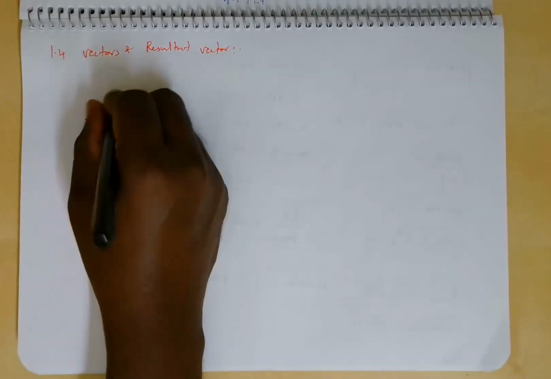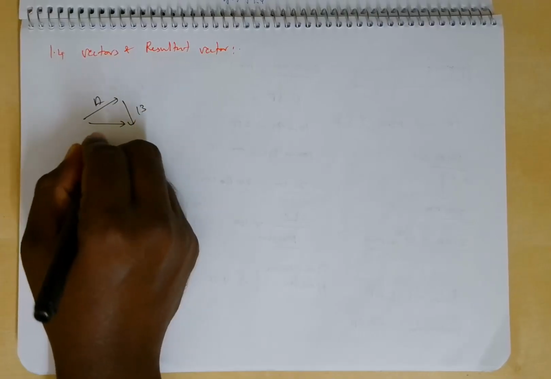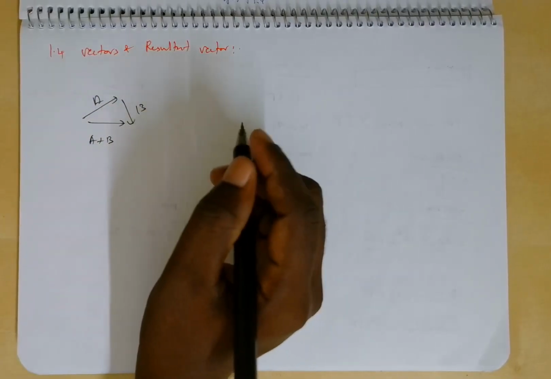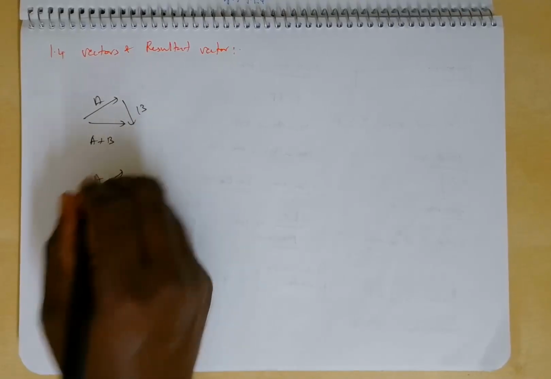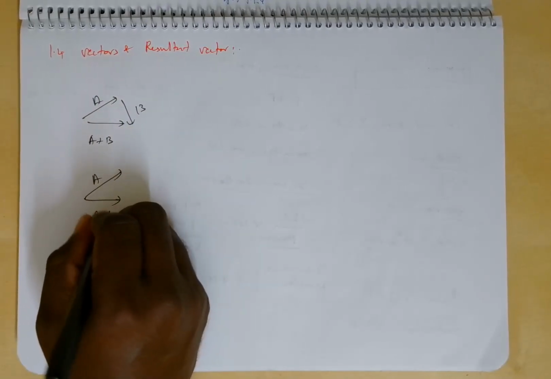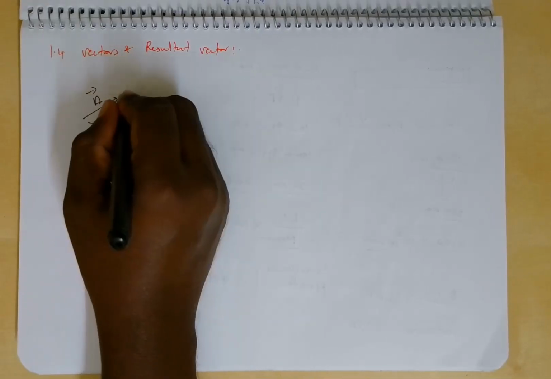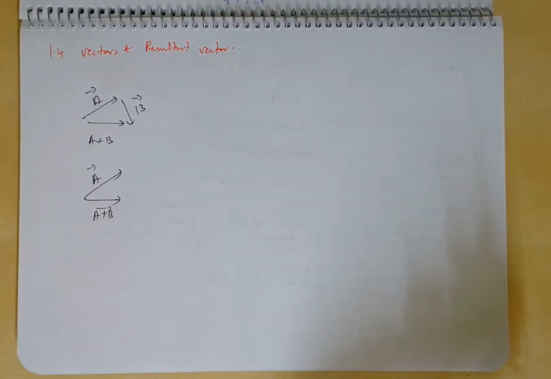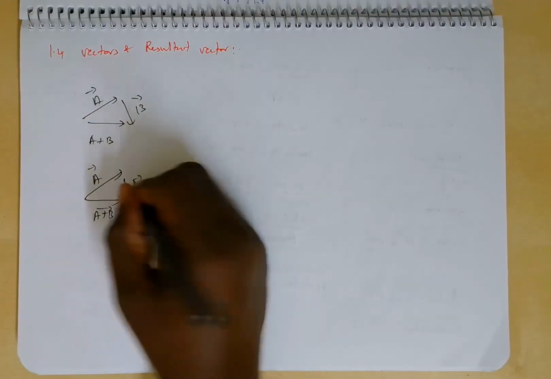For example, this is A and this is B. We know that this is A plus B. Sometimes they will give this: if this is A, this is A plus B, what is B? So they will ask like this. So this is B.